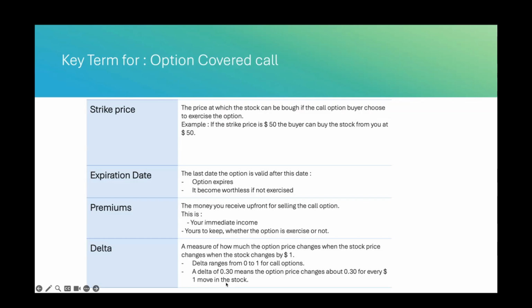And for a tip, in my experience, to be safe, if you put delta between 0.20 and 0.25, usually my stock will not get called away. That would be on the safe side. So the rule of thumb is to pick the delta for the strike price below 0.30.